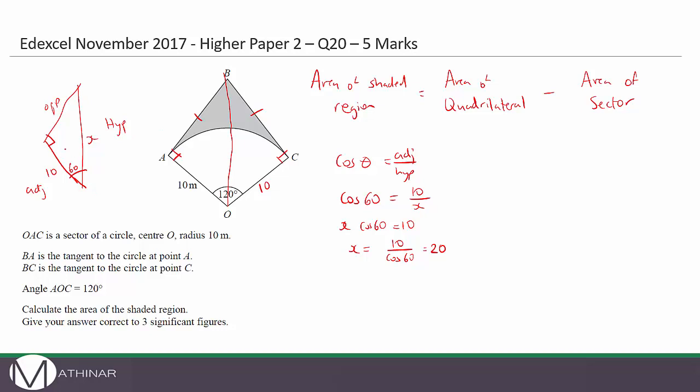Now we can find the area of the triangle. So area of triangle AOB, using the formula a half ab sin C. So that would be a half times 10 times 20, because we just worked out x, times sin 60.